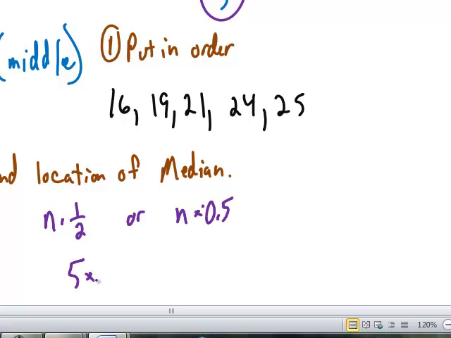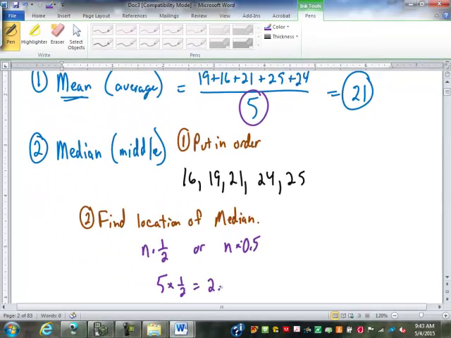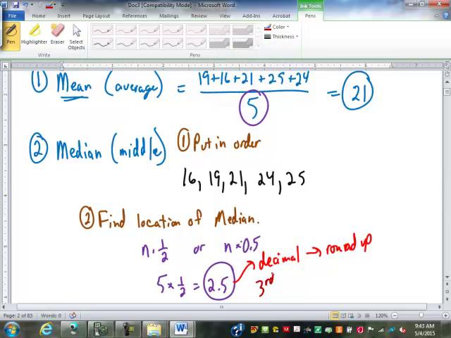So 5 times 1/2 is going to be 2.5. If that is a decimal, you round up. So the median, 2.5, would round up to 3. The median is the third number in the list. 1, 2, 3. The median is 21.